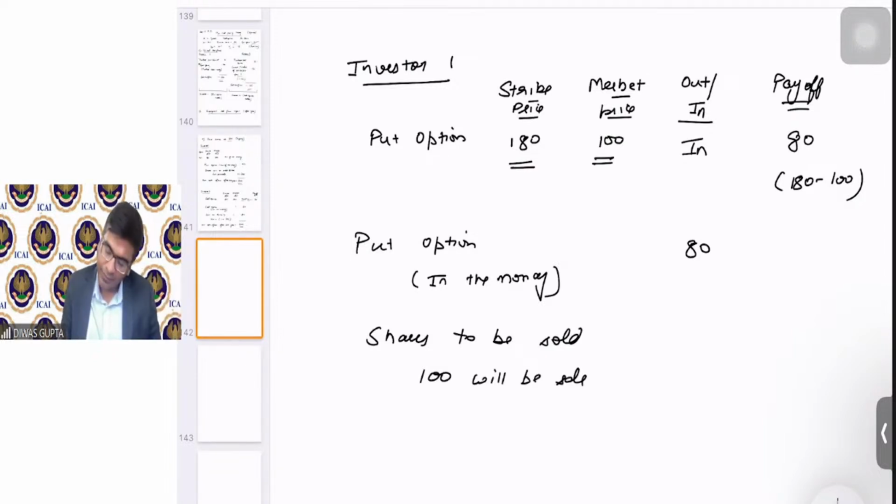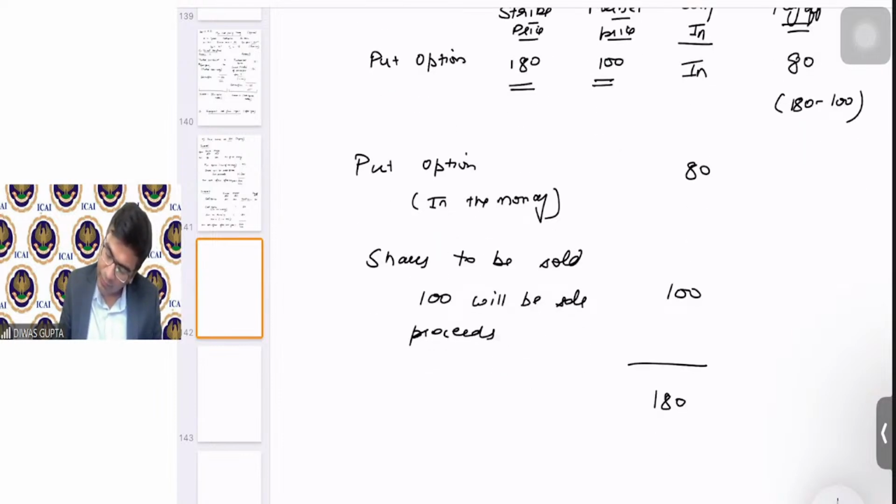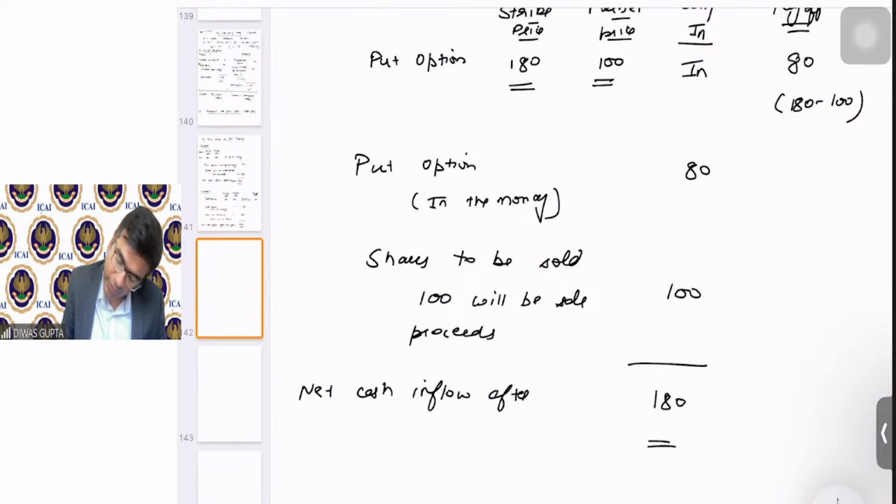Sale proceeds 100. Total, he will get 180. Net cash inflow after 1 year is equal to 180. Correct?